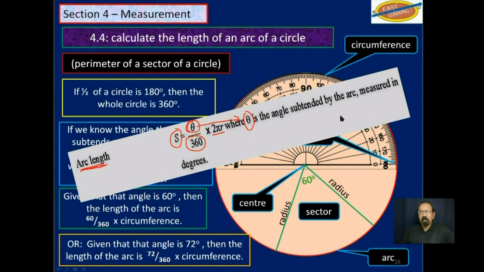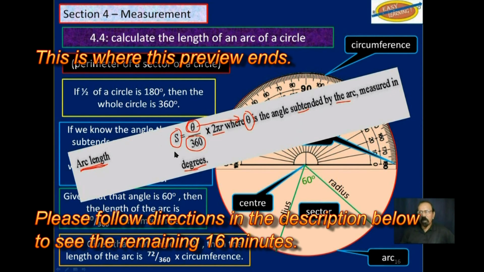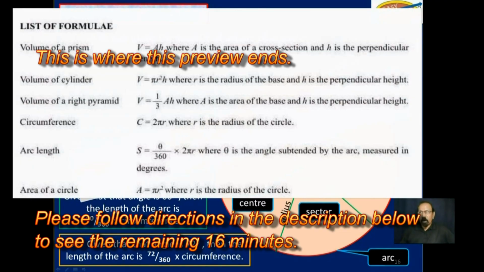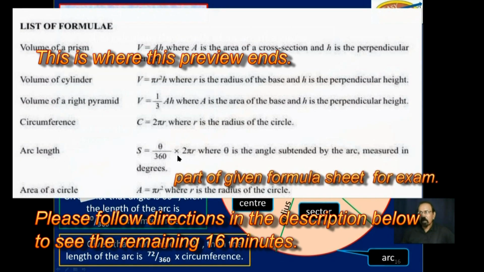Theta is the angle subtended by the arc, measured in degrees. So you don't have to memorize this formula. It will be given to you in the exam for CSEC on the formula sheet. As a matter of fact, this print screen here is from the formula sheet.